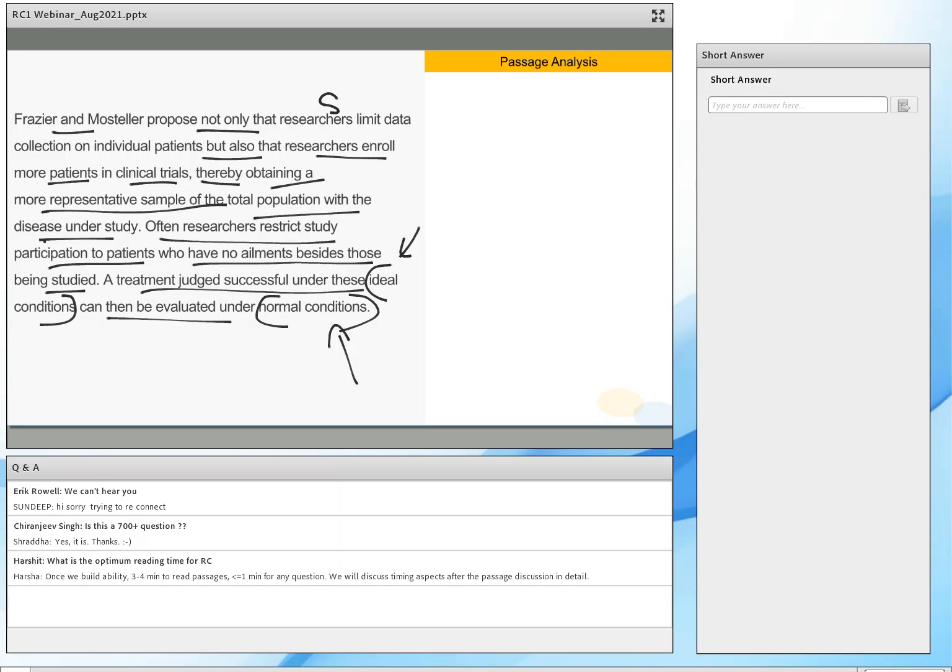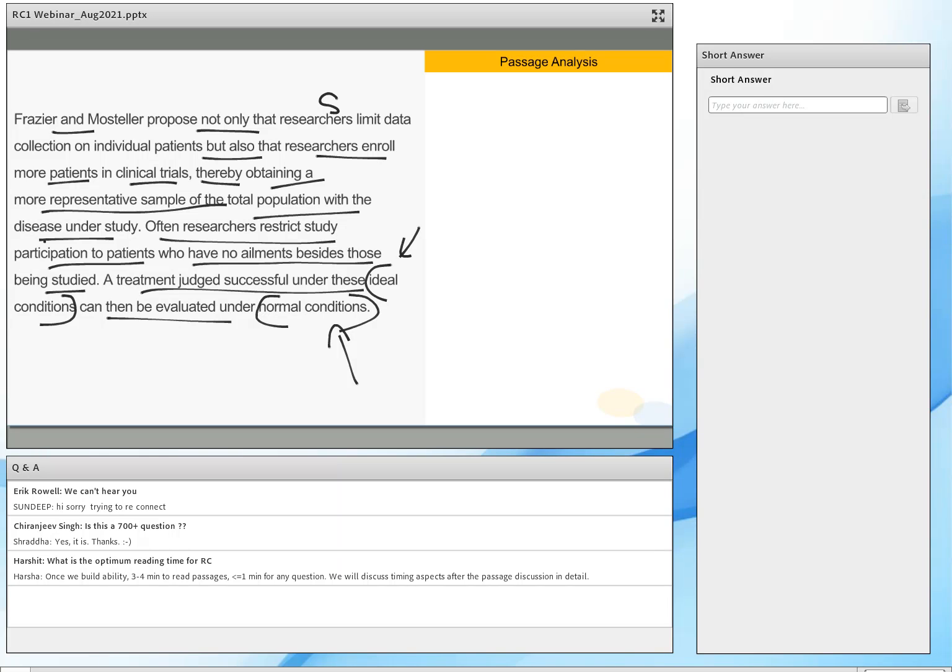Now, if we come to think about it, does it really happen that at one point in time we are only suffering from just one ailment? I'm not saying that that is not possible, but the possibility is very bleak because we ourselves do not know what's going on inside our bodies, right?